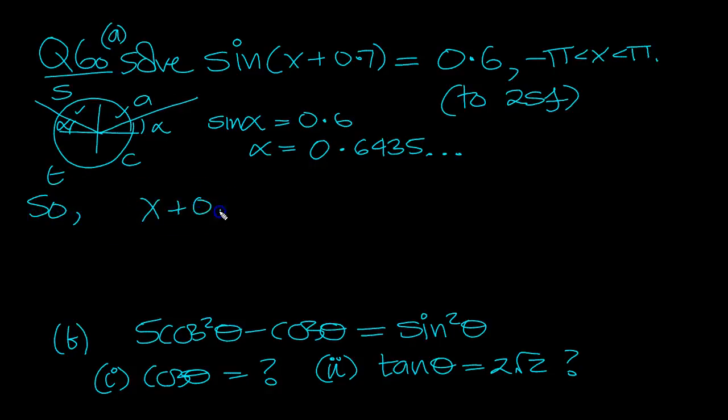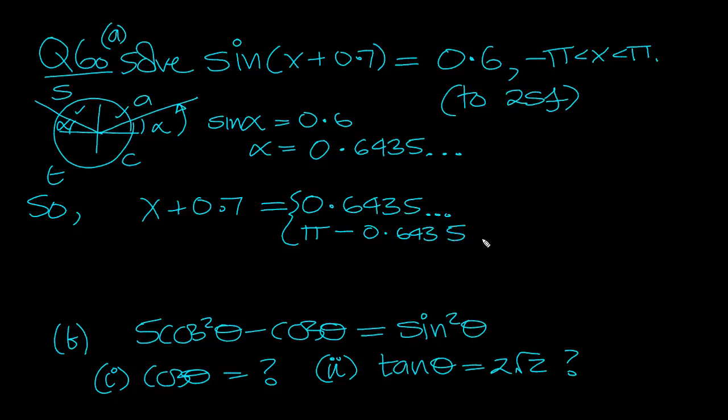x plus 0.7 then, the angle in question, is equal to this amount, 0.6435, or is equal to pi minus 0.6435.